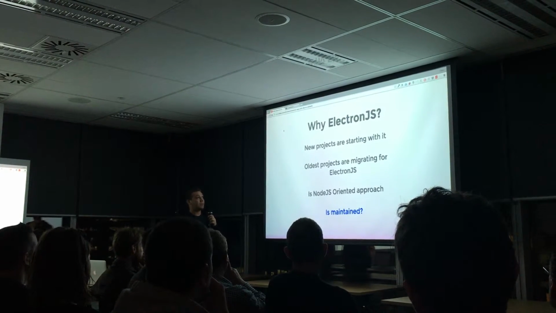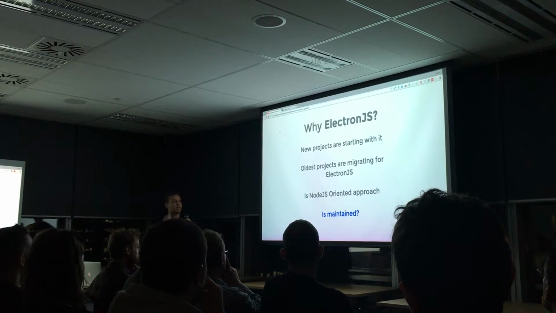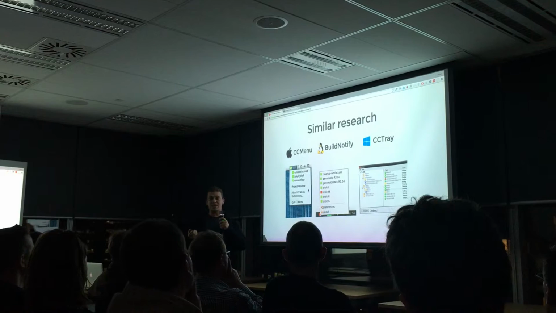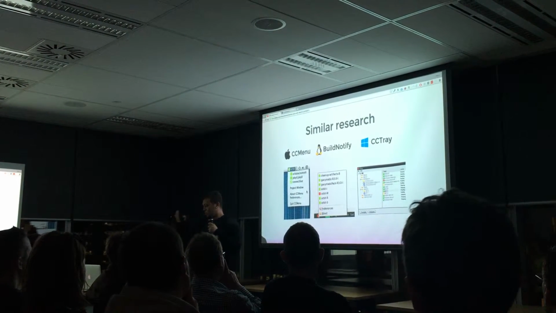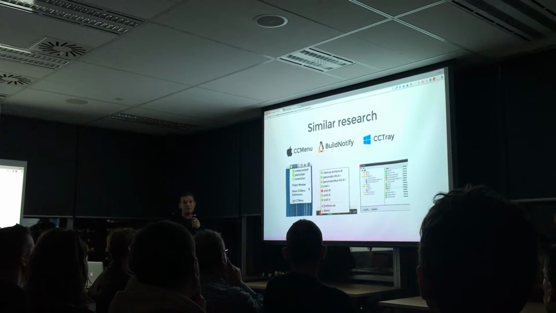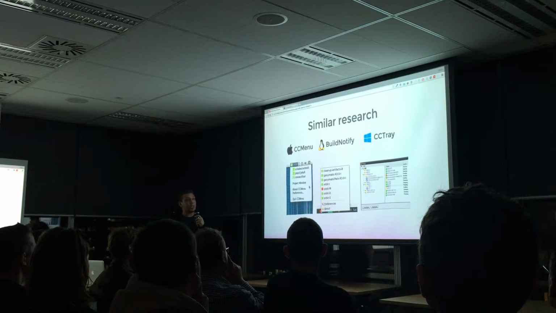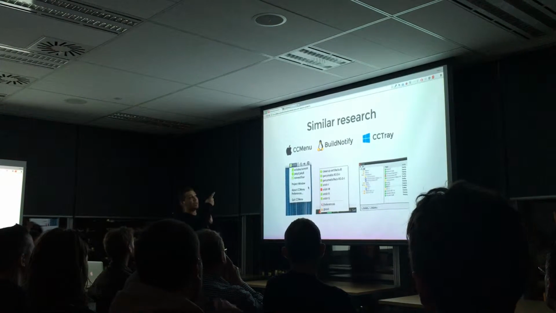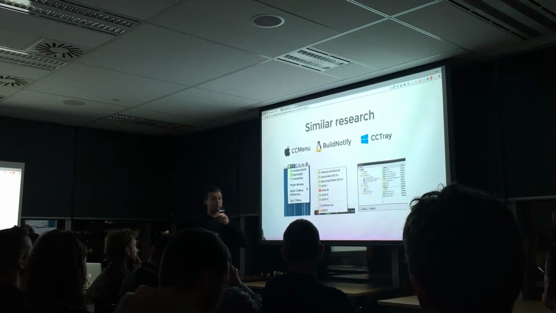Those were my whys for choosing Electron. And about the idea: now we have the build checker with Arduino. Let's use Electron to create a proof of concept. And first, let's take a look at similar tools.